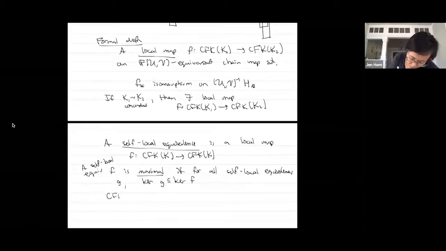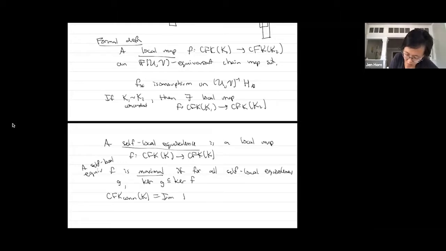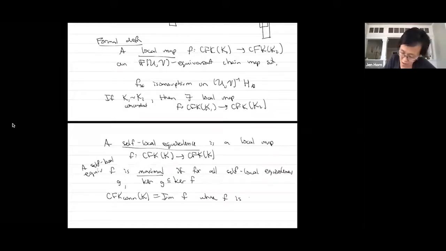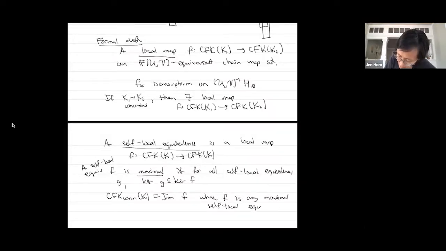And then one way to define this connected complex is just the image of any maximal self-local equivalence, so it's the image of F where F is any maximal self-local equivalence. And this has a different name. As Matt mentioned, you could think about this as the smallest representative of the stable equivalence class or the nu plus equivalence class.